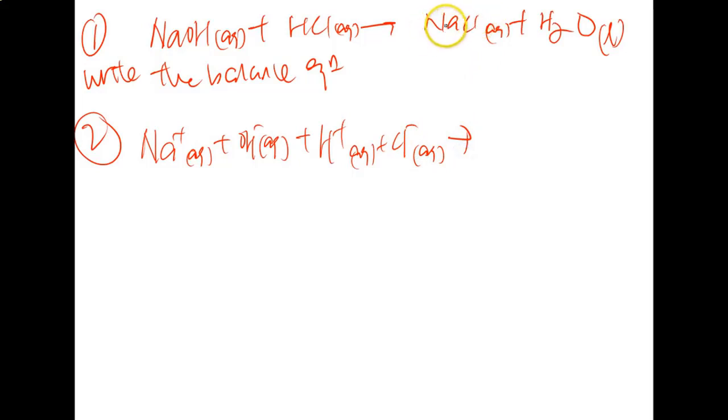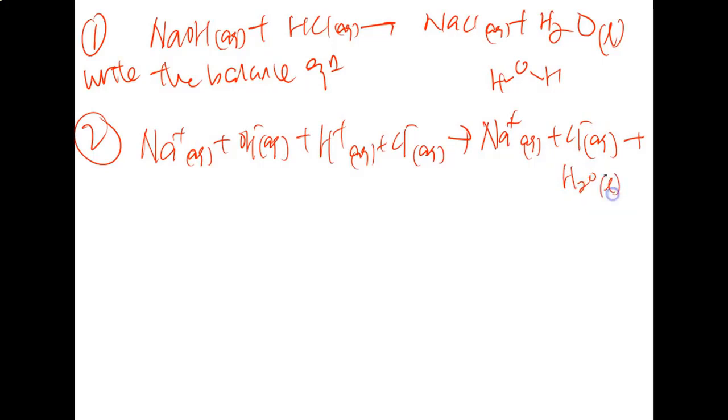NaCl aq. NaCl is an ionic compound. An ionic compound, when dissolved in water, can dissociate to give me the ions. So I have Na plus aq, Cl minus aq, and I have water here, H2O liquid. H2O is a molecule. It cannot dissociate to give me H plus or OH minus or anything else. So it remains as H2O liquid. So step 2 is to dissociate into ions.